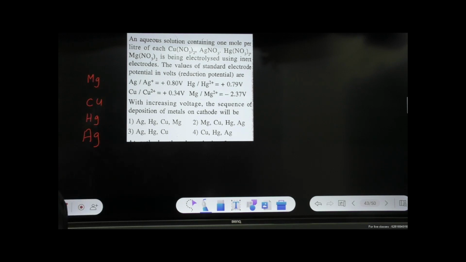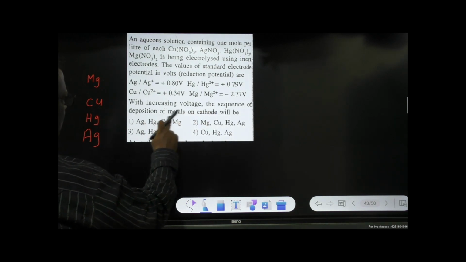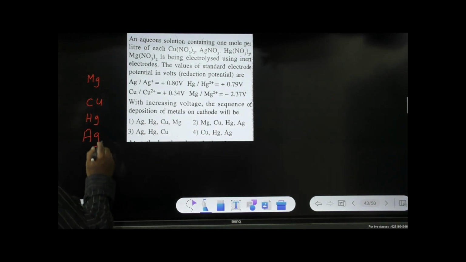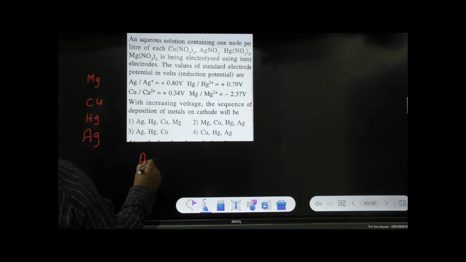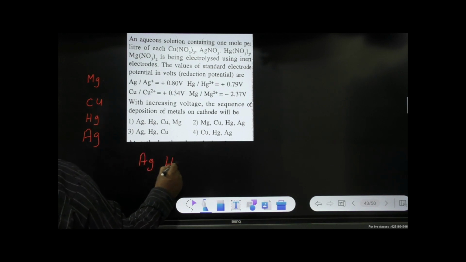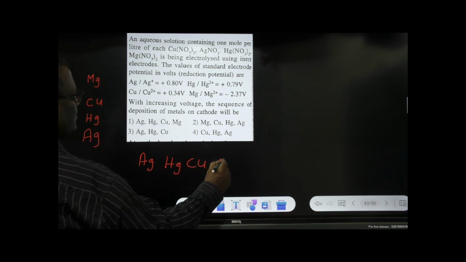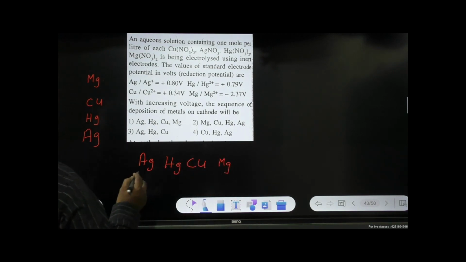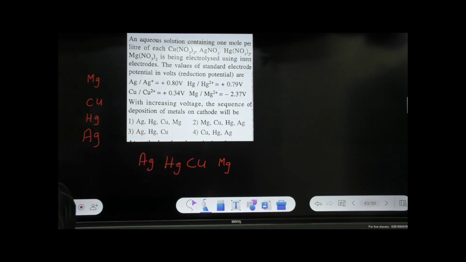Now the question is, with increase of voltage, what will be the sequence of deposition of metals at cathode? First Ag will be deposited, then Hg, then Cu, then Mg. So Ag, Hg, Cu, Mg.